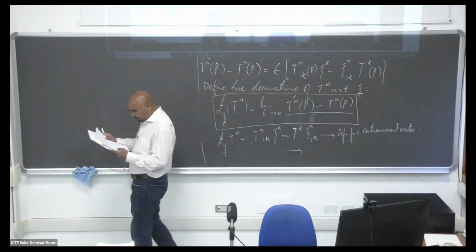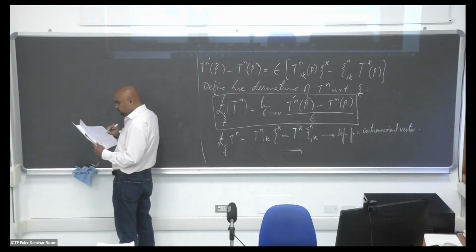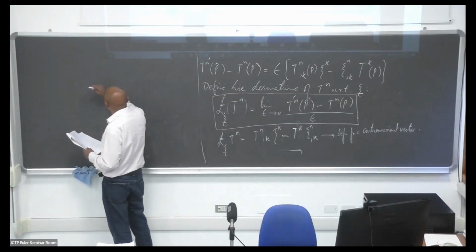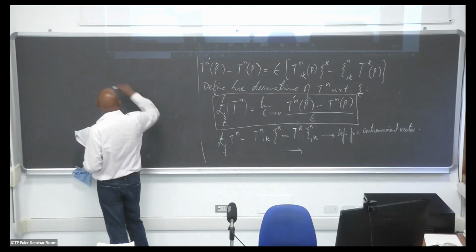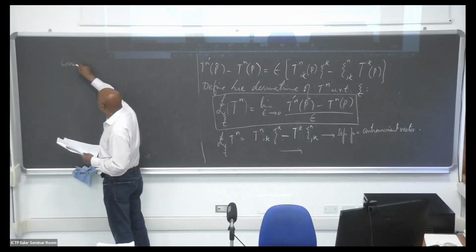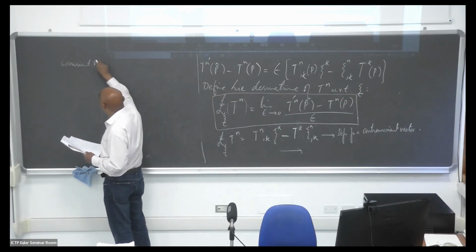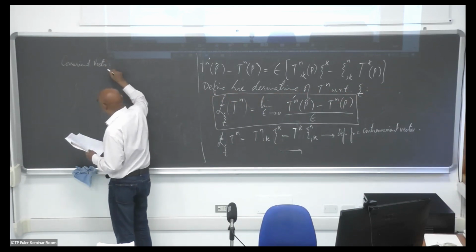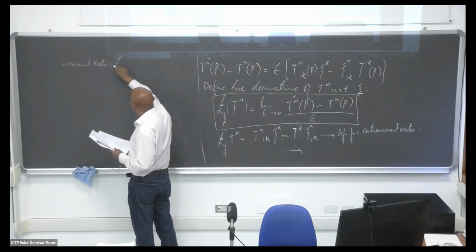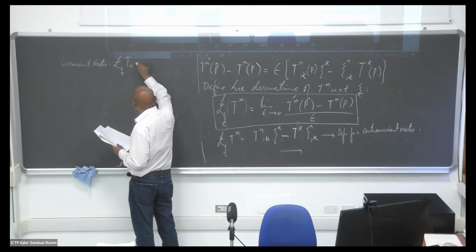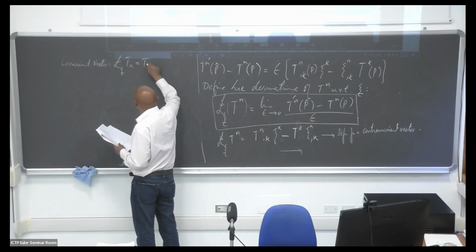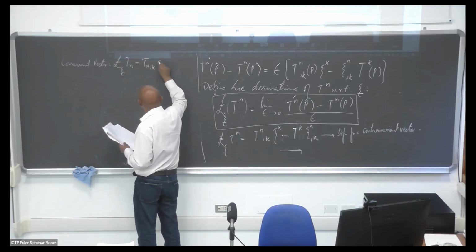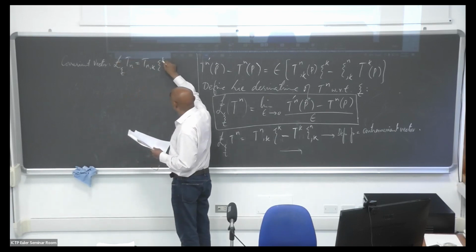So I will write only two. This is for the contravariant vector and for the covariant vector. The Lie derivative will be T_n, and this is vector xi, and this is T_{n,k} xi^k plus.